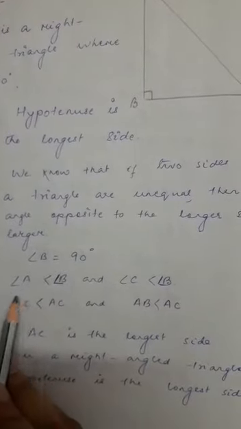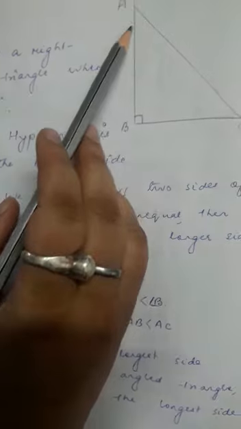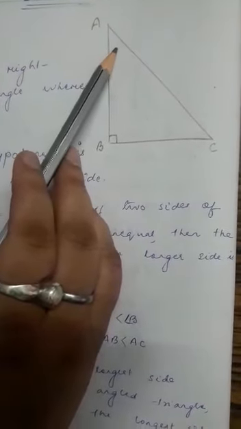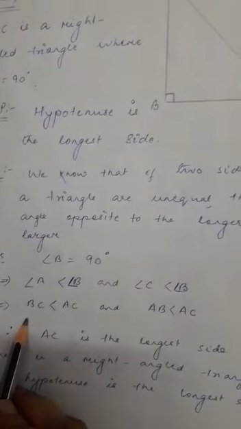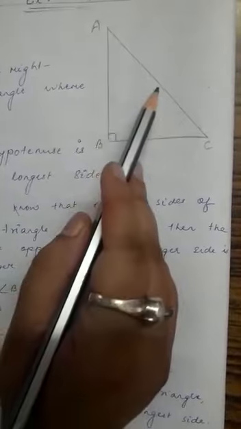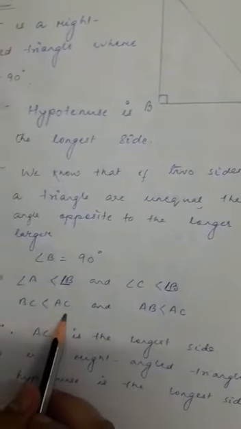Now see, angle A is less than angle B and angle C is less than angle B. The side opposite to angle A is BC, and the side opposite to angle B is AC. So BC is less than AC.